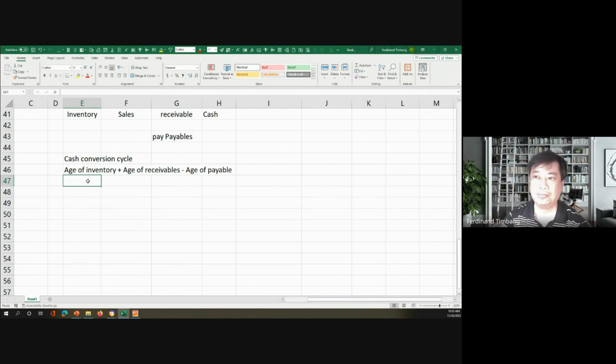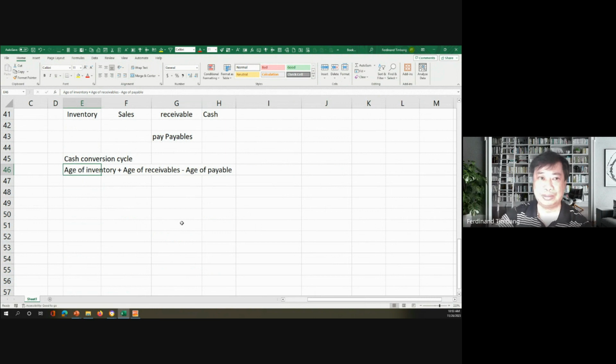Ibig sabihin nun, you are making use of your liabilities as a temporary use of cash. So instead of paying the payables immediately, you can use them as cash in your company. At saka ibig sabihin din nun, yung waiting time for the inventory and for the receivables are short as compared to the age of payable pagka negative.